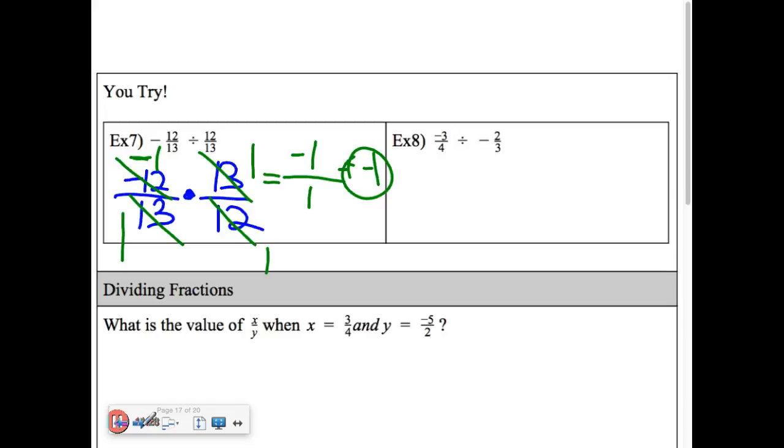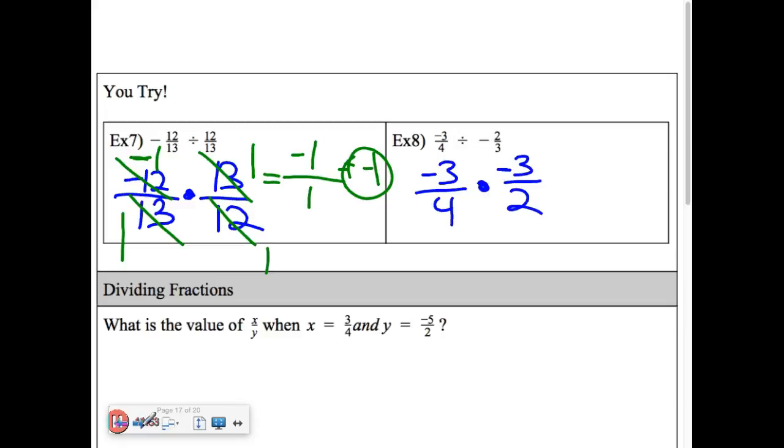All right, this next one, I'm going to keep, change, flip. So I'm keeping the negative 3/4. I'm changing the sign, and I'm flipping this other one. I am going to change that into negative 3/2. This time I'm looking, can I cross reduce anything? I'm looking on top, I'm looking on bottom. I cannot reduce anything.